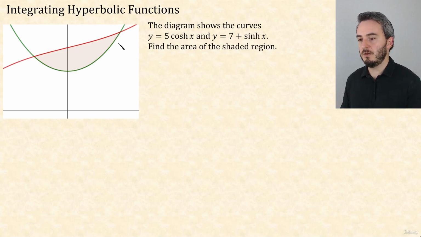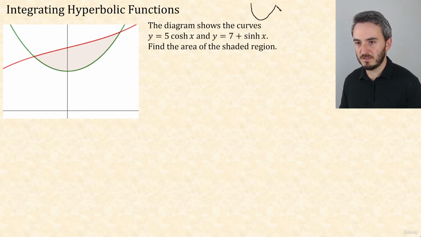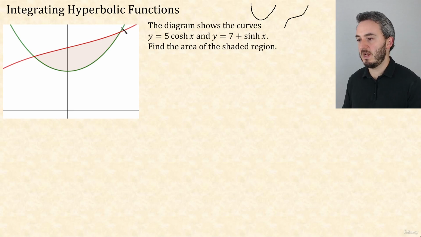Now, we know from our knowledge of what the curves look like that cosh looks like that and sinh looks like that. So you can see pretty quickly that the red curve on top is 7 plus sinh x. You could also reason that the y-intercept of 7 plus sinh x is 7 plus 0, and the y-intercept of 5 cosh x is 5.